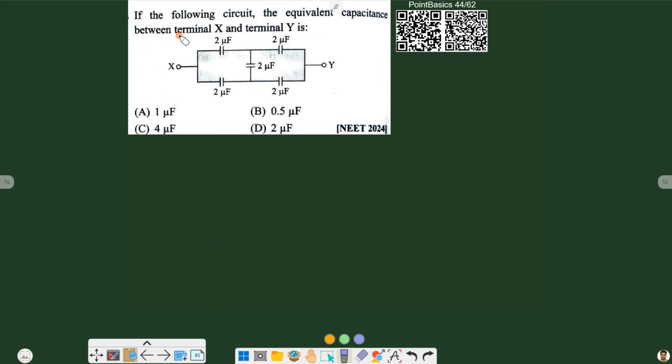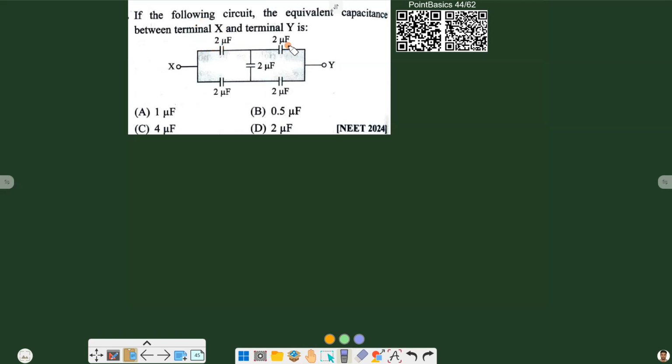In the following circuit, what is the equivalent capacitance between the terminals X and Y? If you have seen a Wheatstone bridge, just remember these are not capacitors, these are resistances.